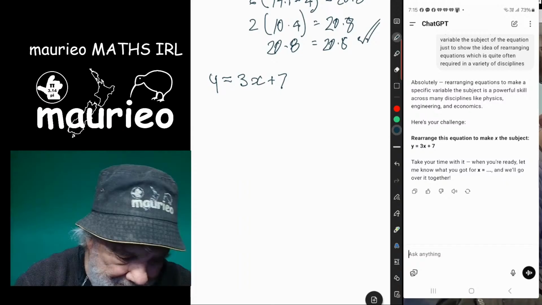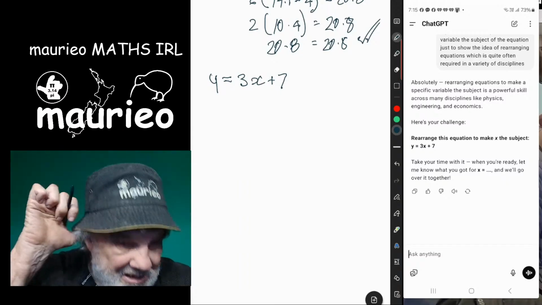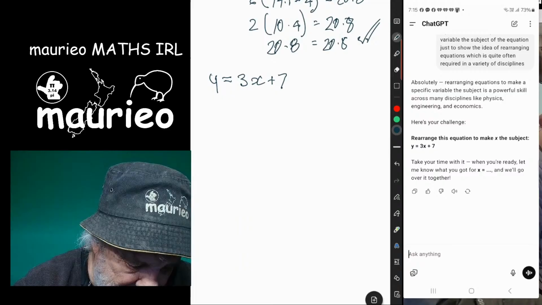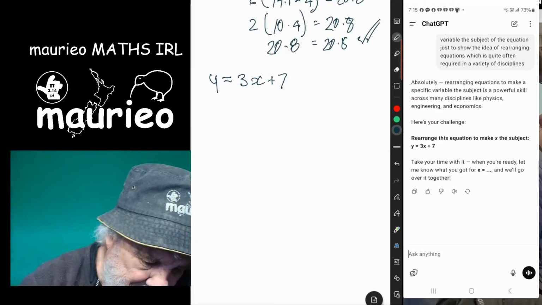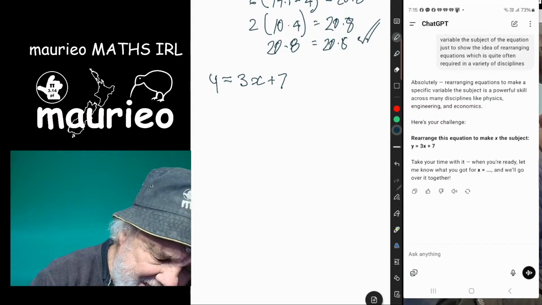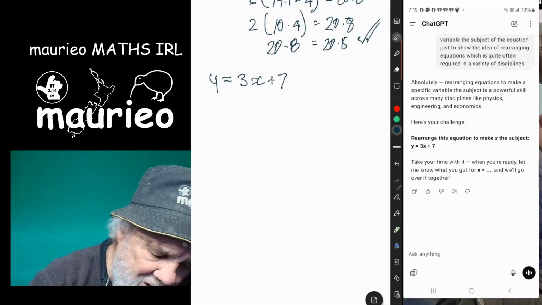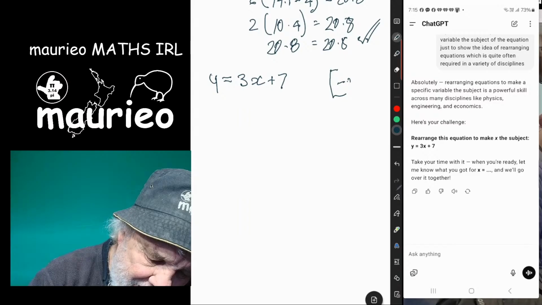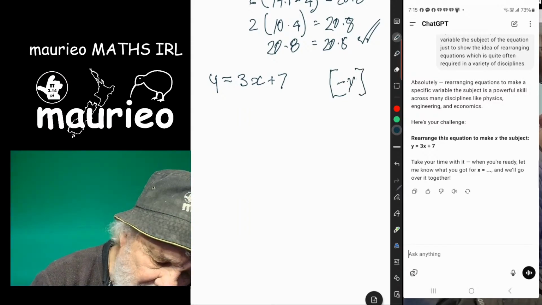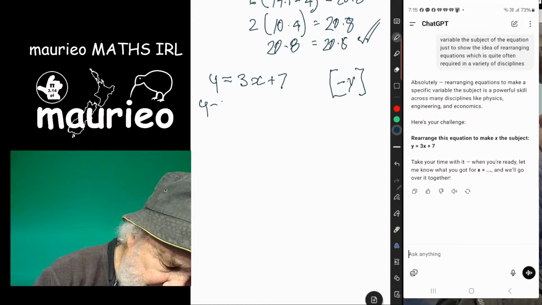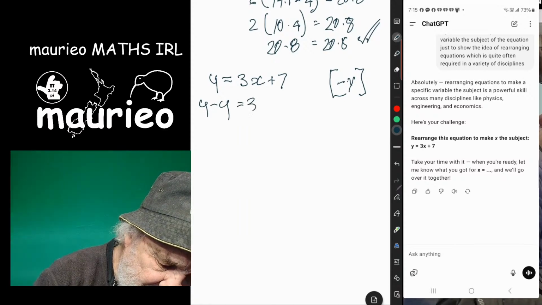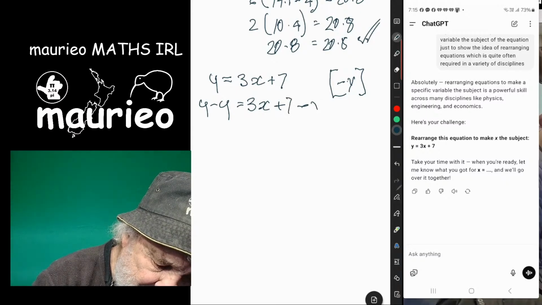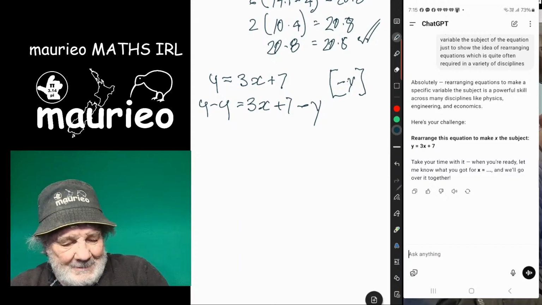Okay, let's have a look at it and see what we can do. So we want to get x onto the other side, and so we could just subtract y, and that'll give y minus y equals 3x plus 7 minus y.